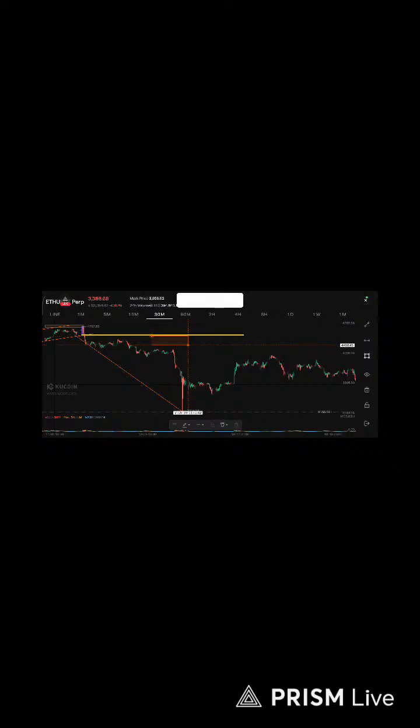Then here the green line would have been my take profit. That would have been my take profit zone. Then my stop loss slightly above. So this would have been a massive win for all of us.